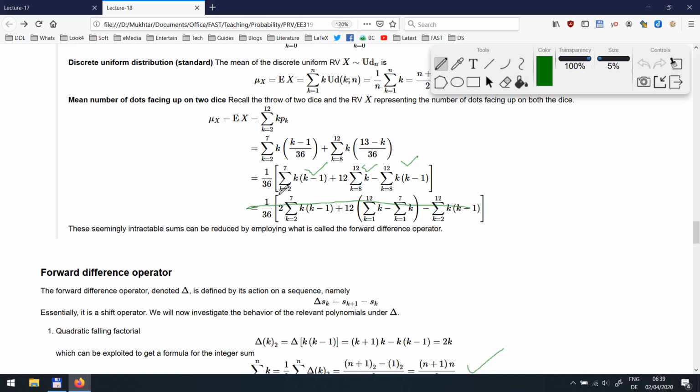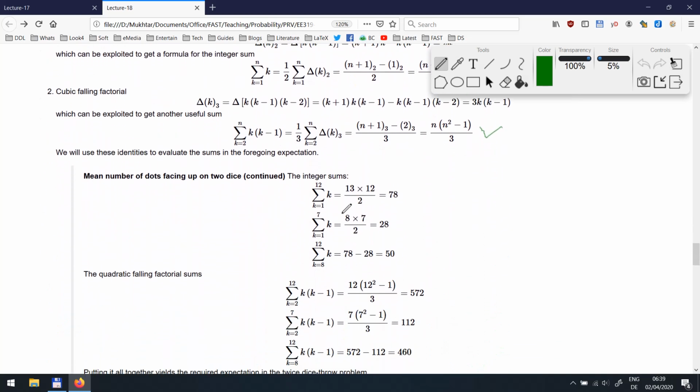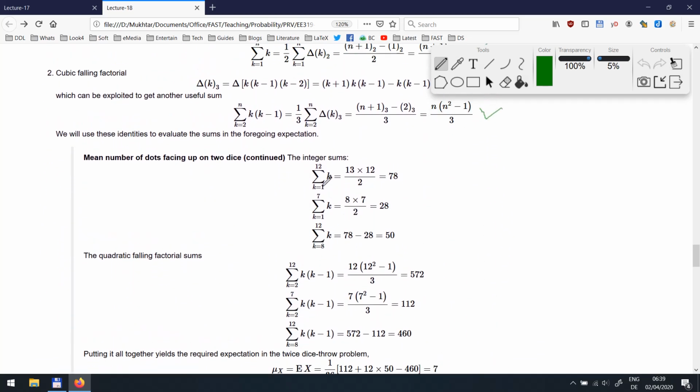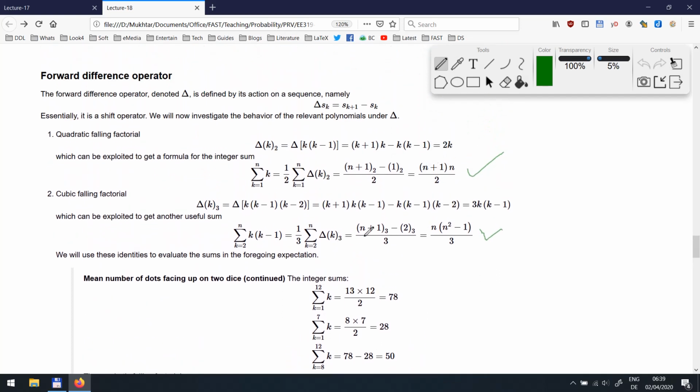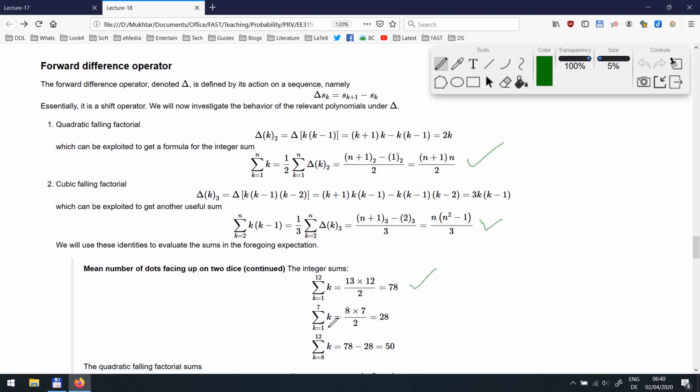Now how? Remember, some of the summations are from 2 to 7, from the small number, some of them are from large numbers. So let's work these out. If I go from 1 to 12, I can simply apply this formula. Done. If I go from 1 to 7, the same formula with different settings.